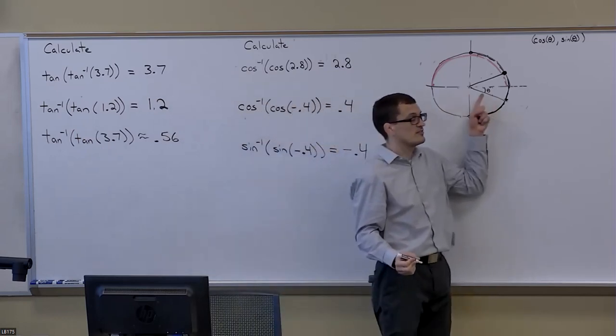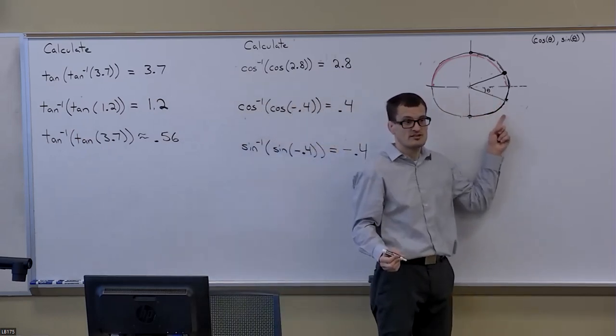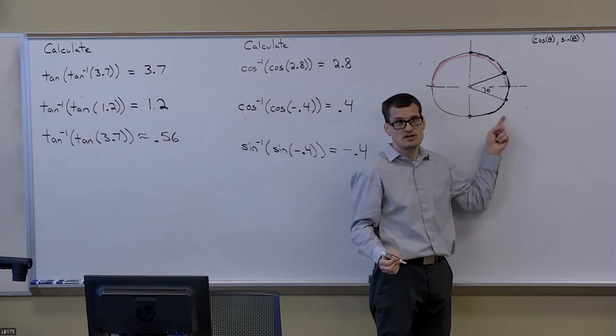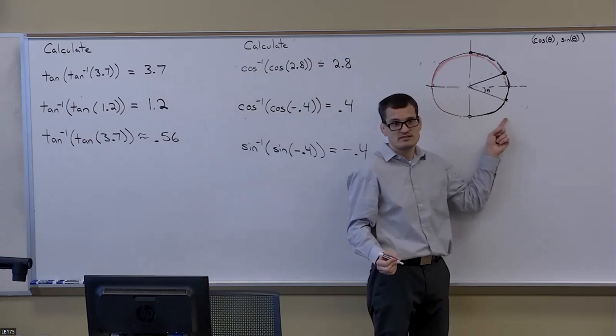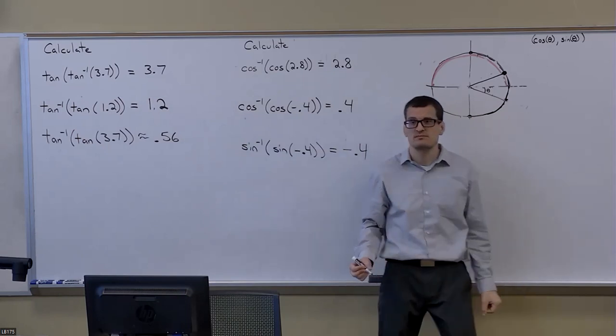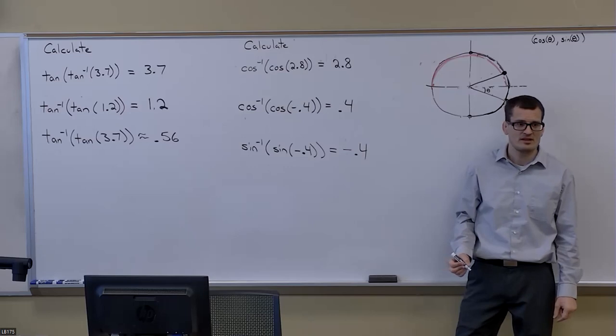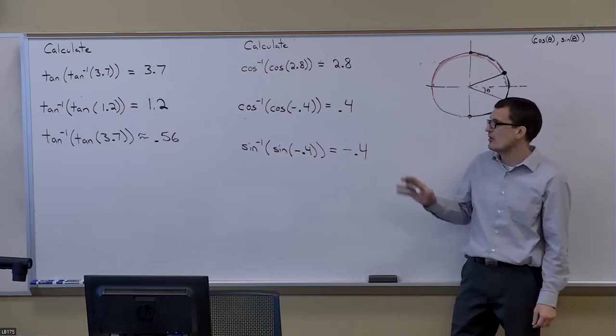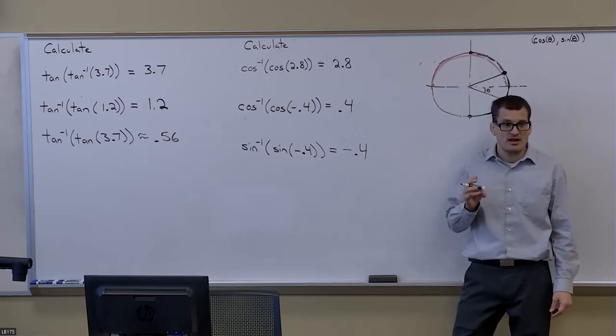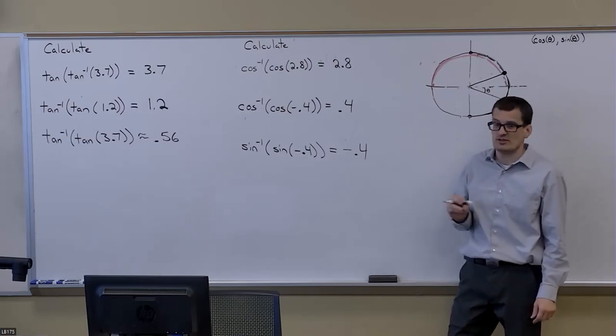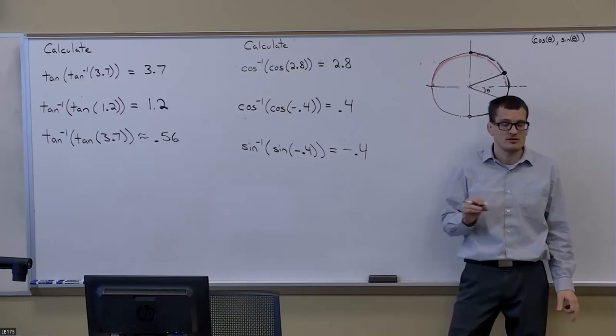Because this is where, I should say, where inverse sine has its range values. Okay, so it's all depending on the range of these inverse functions. That's all I'm trying to get at.